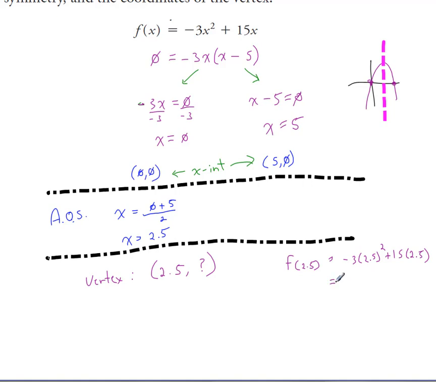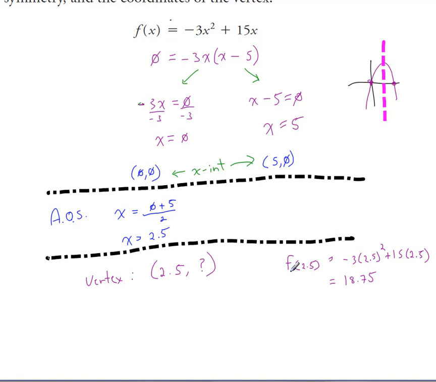I'm not going to write that whole thing out. I think you can do that. Square 2.5, then multiply it by 3. That whole number is going to be negative. Add that negative number to 15 times 2.5, and we're going to end up with 18.75.